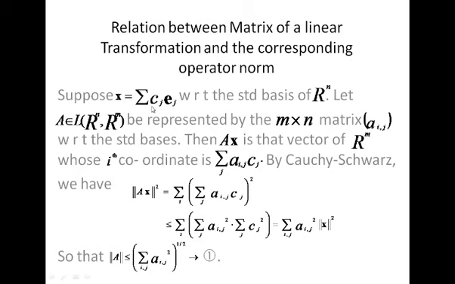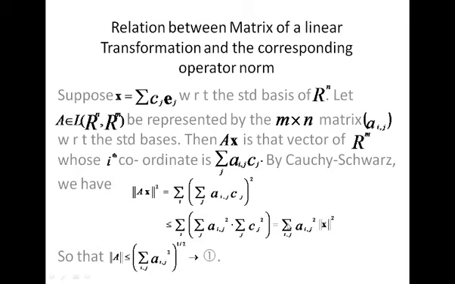That is precisely norm of x square. So norm of x square into sigma over i comma j Aij square. So this is what I get. Norm of Ax square is less than or equal to sigma over i comma j Aij square norm x square, which is again less than or equal to sigma over i comma j Aij square for all x in Rn with norm x less than or equal to 1.